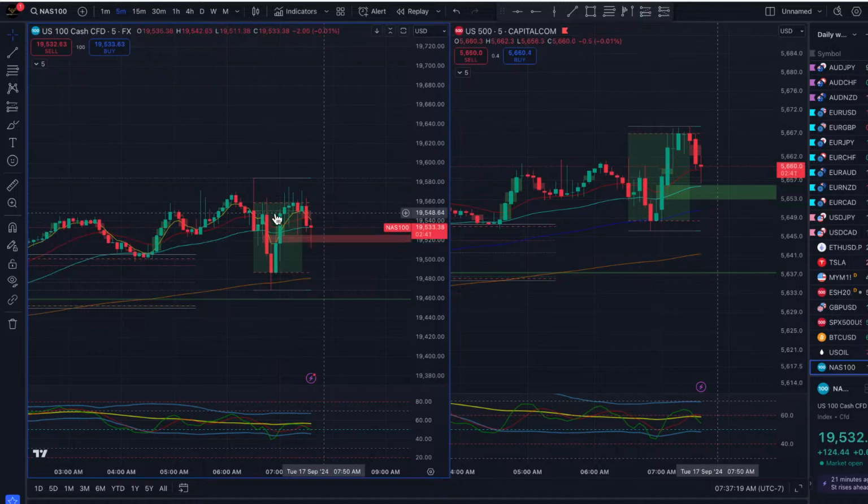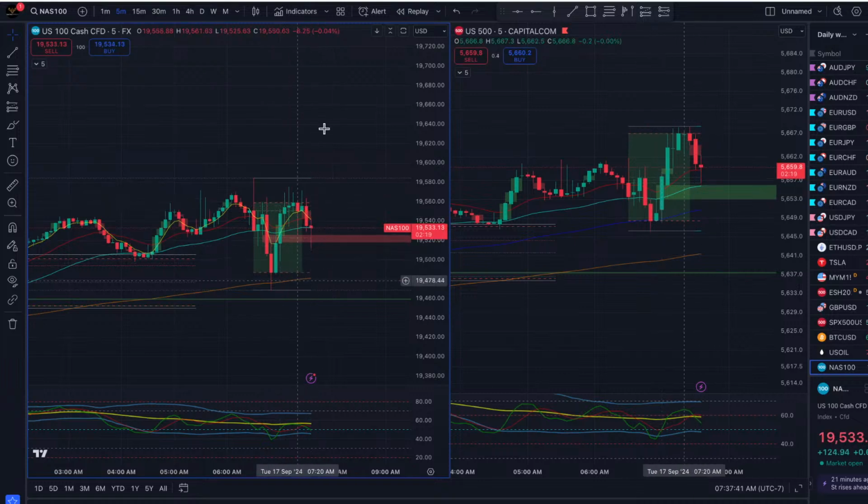We're seeing an advanced entry here. One of the advanced concepts taught in the back end, in the Learning Hub, Power of 3. So this could be the manipulation move down. We've taken out these lows formed during this consolidation.